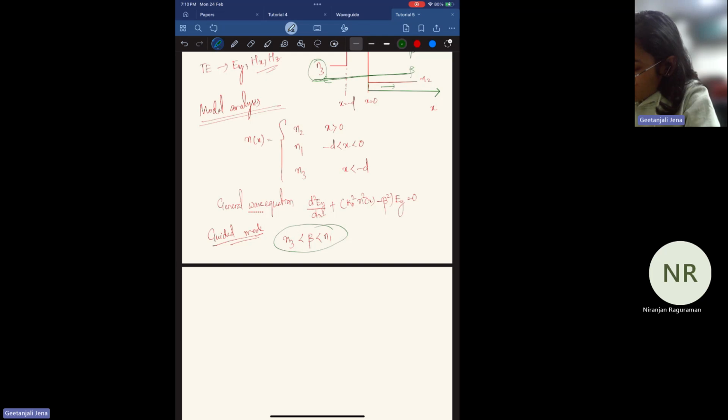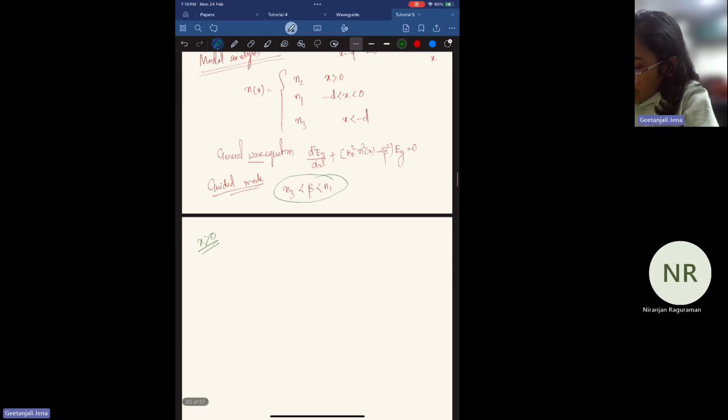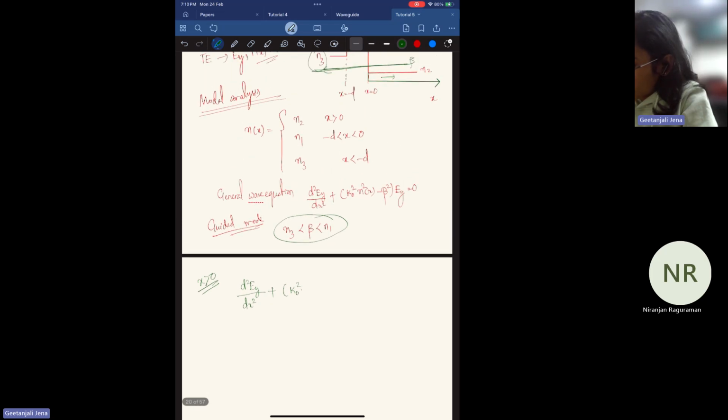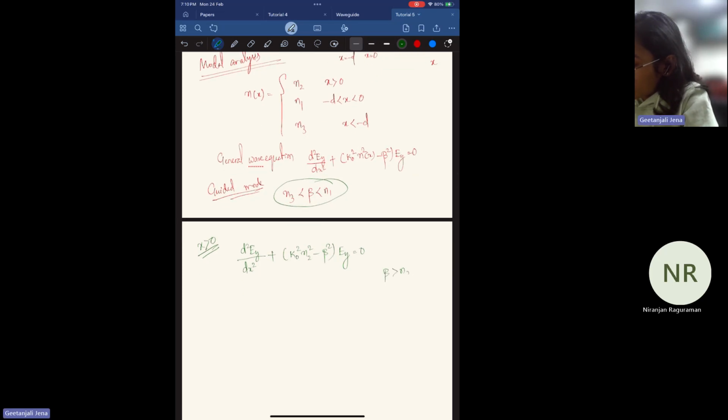Okay. So let us see the region now. For x greater than 0, we have d square Ey over dx square plus k0 square n2 square minus beta square Ey is 0, and beta is greater than n2, right?